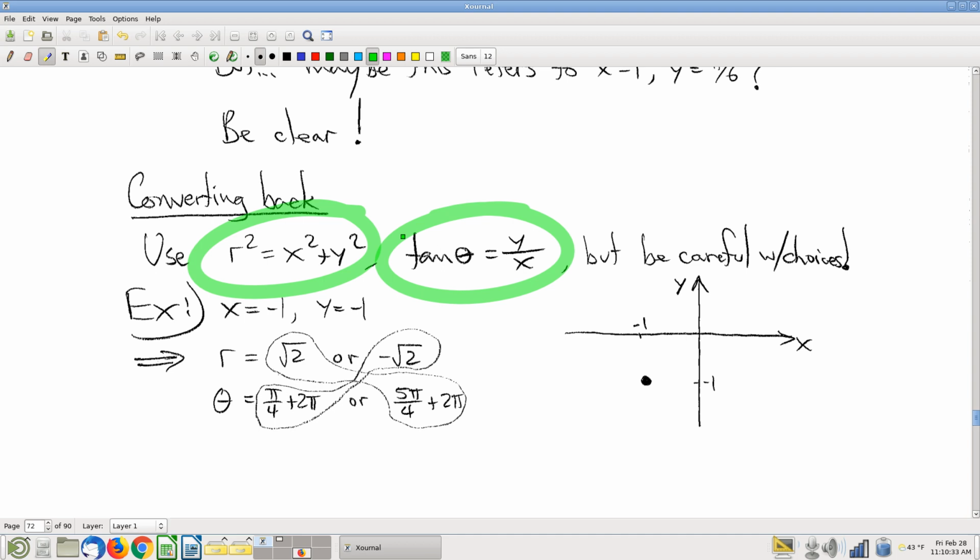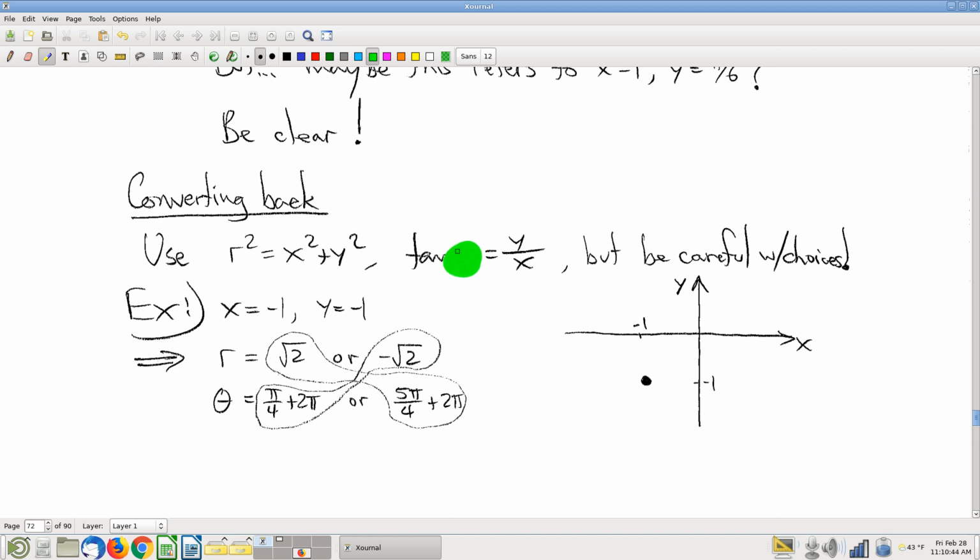That would suggest, after all, that r has to be positive. It does not. Likewise, if you were to solve for theta and say, hey, theta is the arctangent of y over x, no, that would suggest that theta is always within a certain range of angles. There is no such constraint on theta.